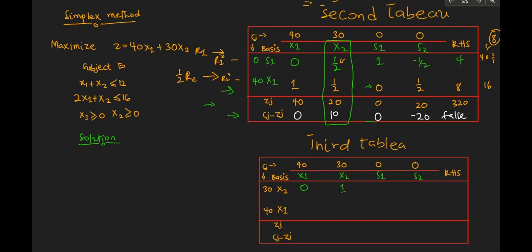And then 1 divided by half gives us 2. Then minus half divided by half gives us minus 1, and 4 divided by half gives us 8. So we're going to have 8 here. This is our new row 1, so let me name it row 1 star star.